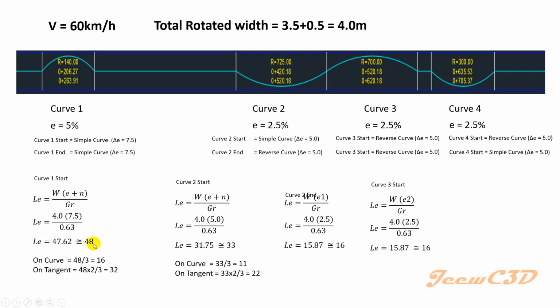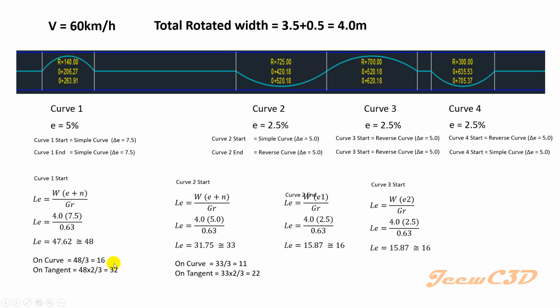So 1/3 would be 16 and 2/3 would be 32. So on the tangent we will have a length of 32, and on the curve we will have a length of 16. This is for the start of the curve. Your curve end is also like a simple curve, so you have the same calculation for the curve end as well, and you will get the same values.